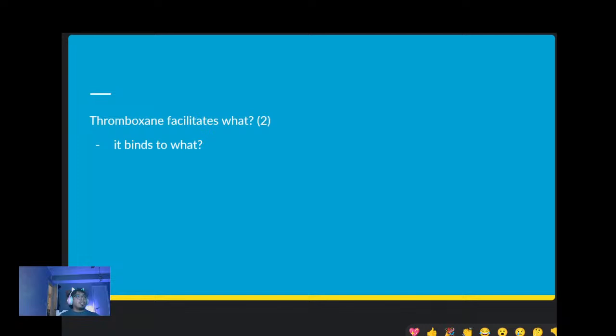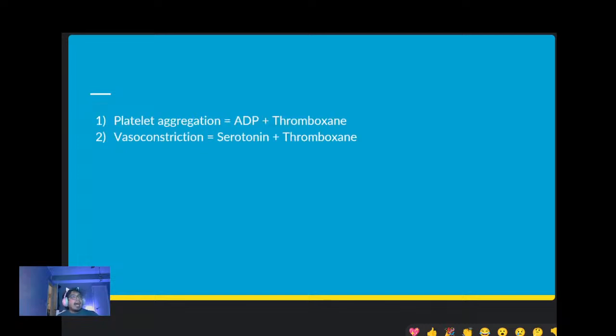Platelet aggregation occurs because thromboxane forms a complex with ADP, while vasoconstriction occurs because serotonin binds with thromboxane. So see how well designed the body is. You can't get anything better than that, right? There's a lot going on in a simple prick of a needle.